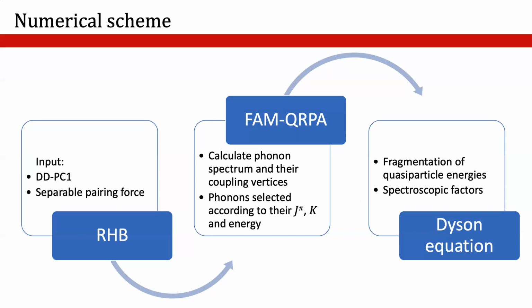We do a derivation on the energy density functional, and we can get the induced Hamiltonian. The second step is to calculate the phonon spectrum and their coupling vertex according to their quantum numbers and energy. And the final step is solving the Dyson equation. In this step, we can get the fragmentation of quasi-particle energy and the spectroscopic factors.